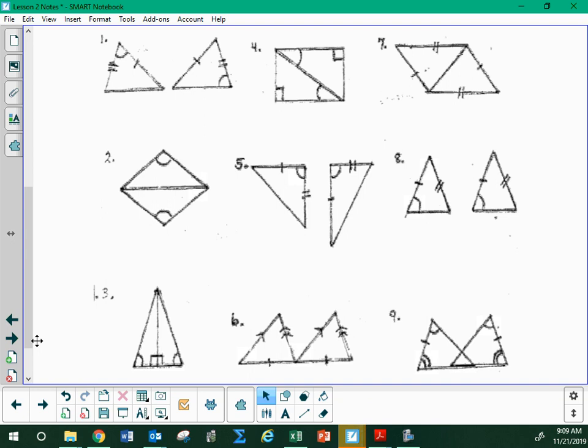Do this. I think that's okay. What number? We'll go for it. 7 would be side by side. Side by side. Yeah.